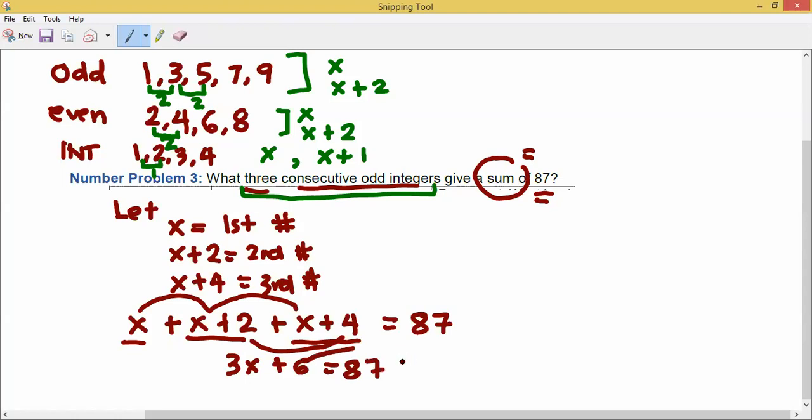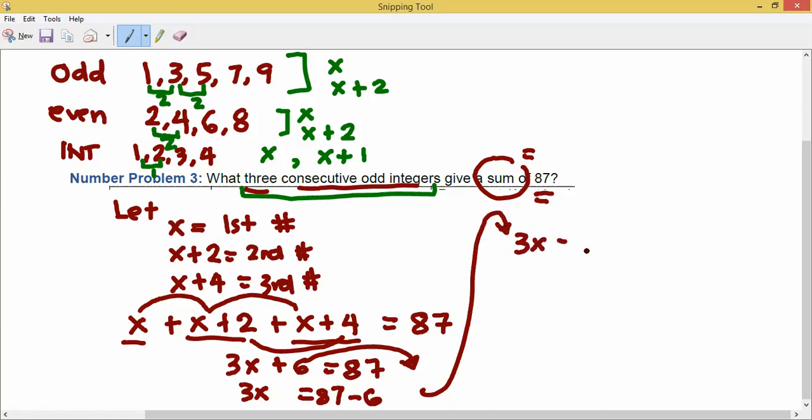Let's transfer 6 to the other side. It becomes 3x equals 87 minus 6. That's going to be 3x equals 81. You divide both sides by 3, so you cancel the numerical coefficient of 3. We have x equals 27.